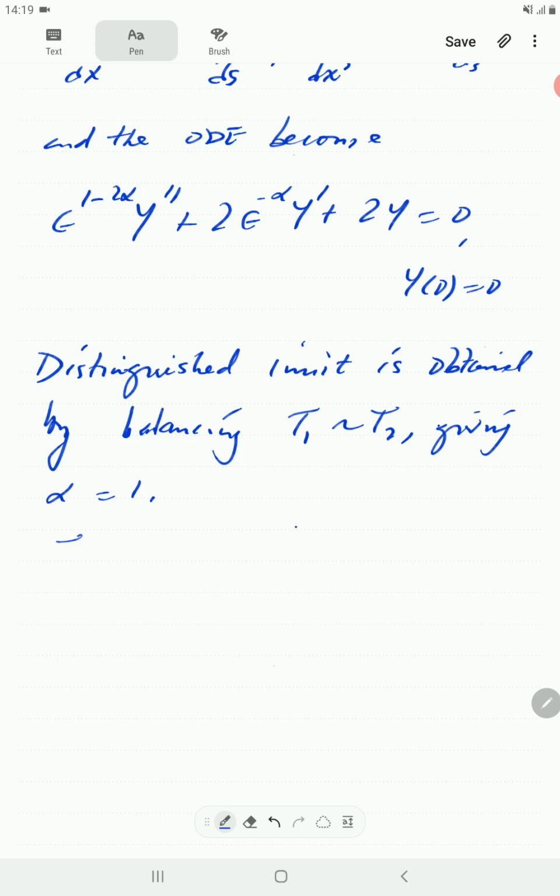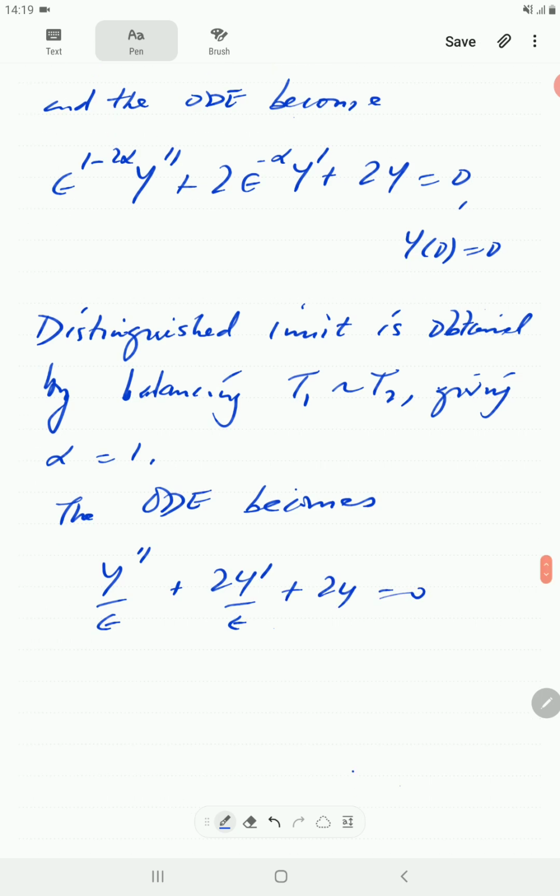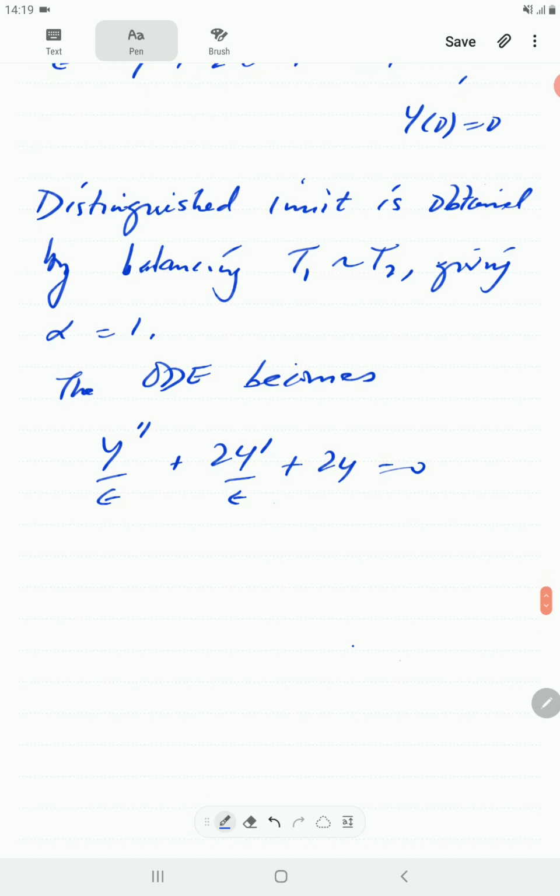Okay, the ODE then becomes Y double prime over epsilon plus 2Y prime over epsilon plus 2Y equal to 0. Multiplying through by epsilon gives this rescaled ODE, and the condition is still going to be this one.